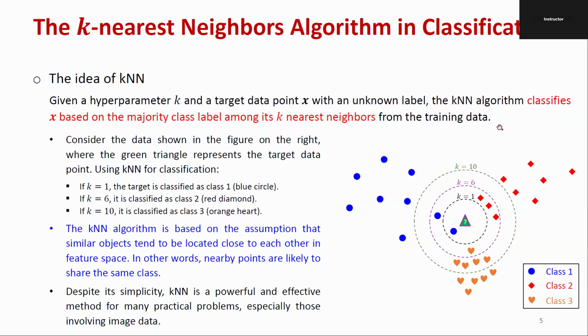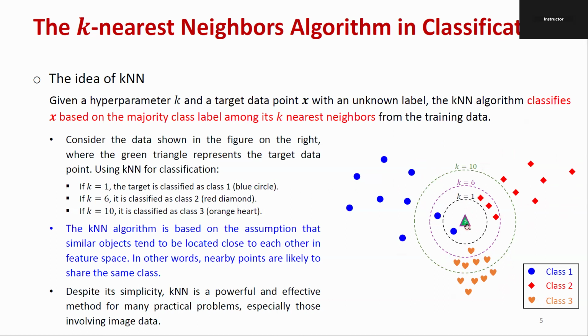Since X is target data, of course you don't know the label, because that's my question. Look here, we have three classes: those blue ones are class one, orange hearts are class three, red diamonds are class two. So this is the target data. I'm going to ask you, what is the label of this target data point?